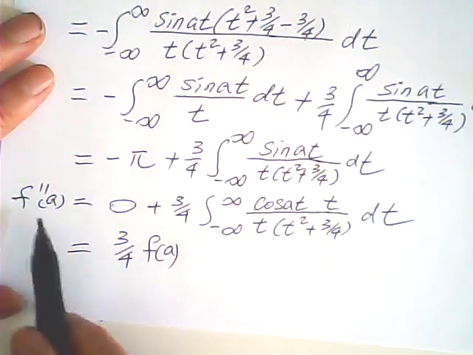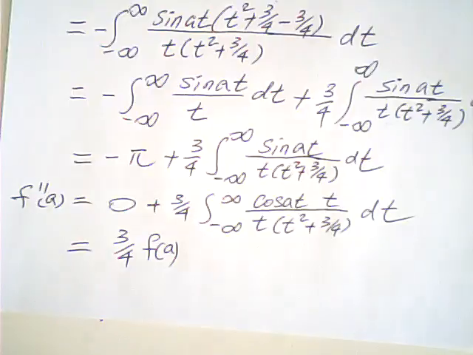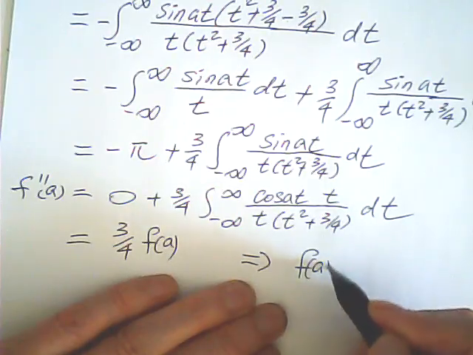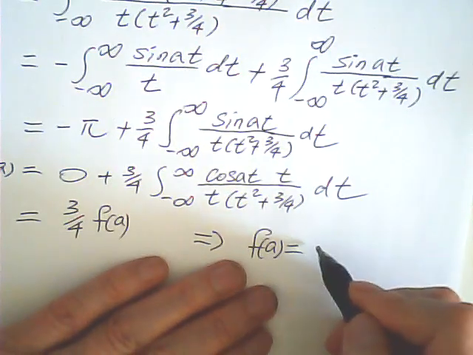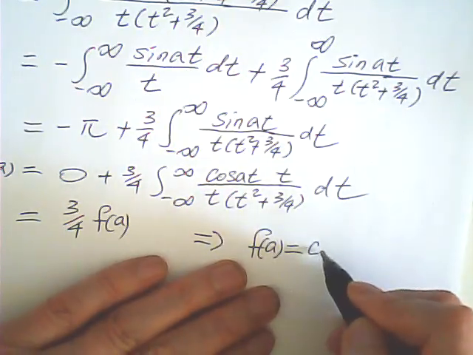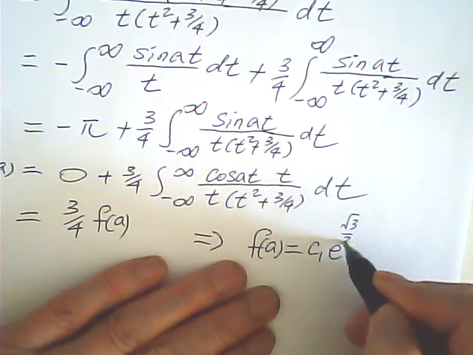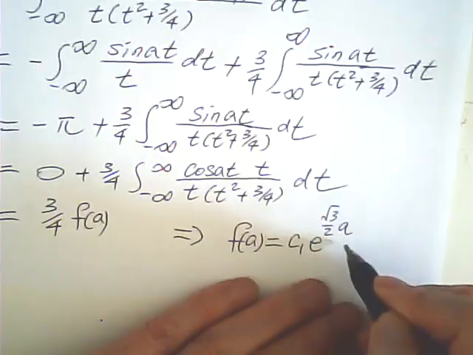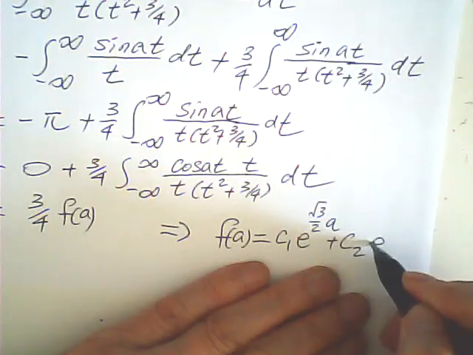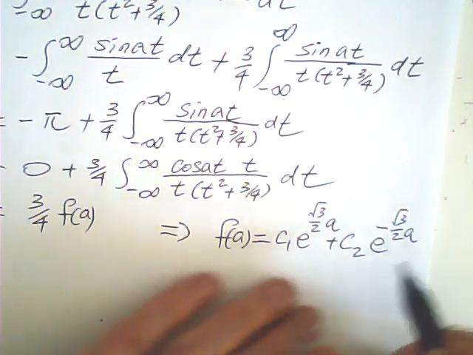So this becomes a second-order differential equation. That means f of a equals c1 e to the root 3 over 2 a plus c2 e to the negative root 3 over 2 a.